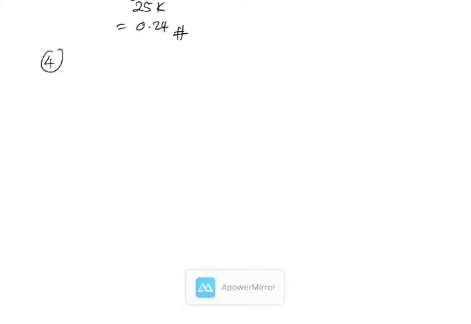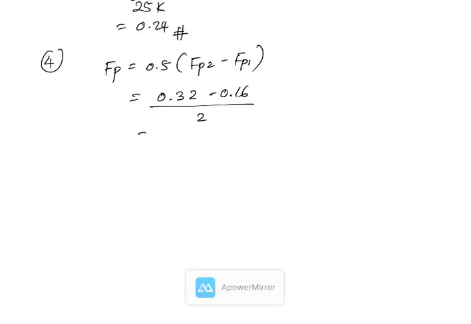The next step is the lowpass band edge, which becomes Fp equal to 0.5 times (Fp2 minus Fp1). So this means 0.32 minus 0.16 divided by 2, and you obtain 0.08.